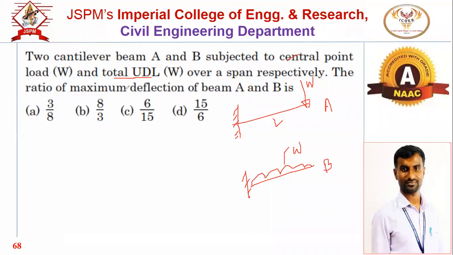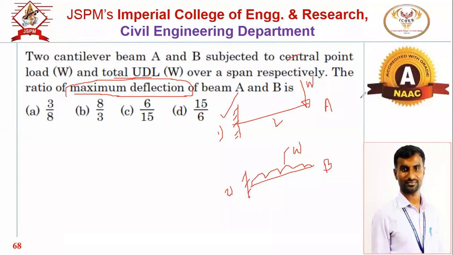Now tell me, in the first figure and second figure, at which point will maximum deflection be seen? What is the point of maximum deflection in this first beam? Yes, in case of cantilever, deflection will be maximum at which point?